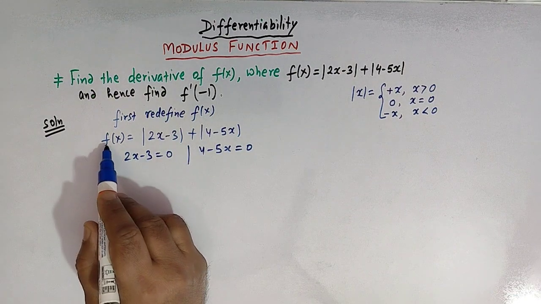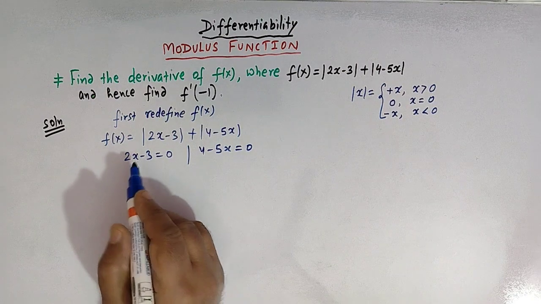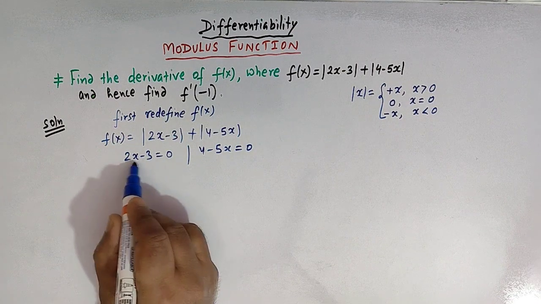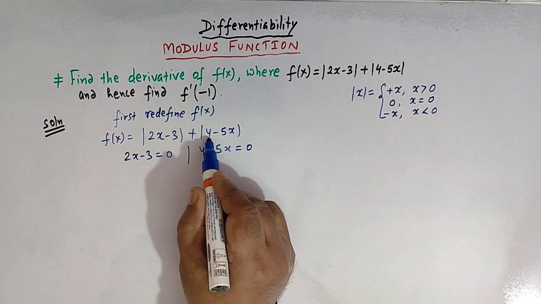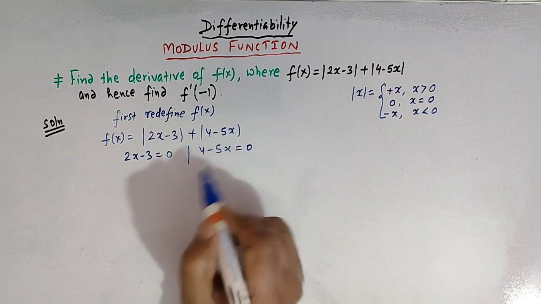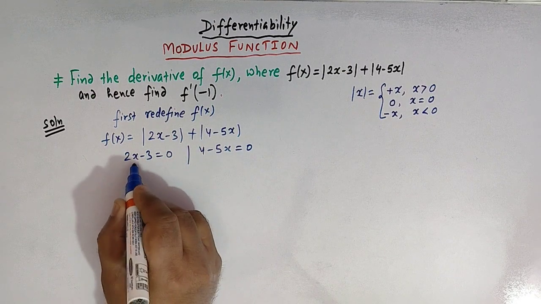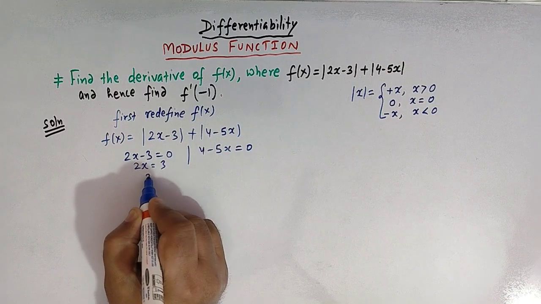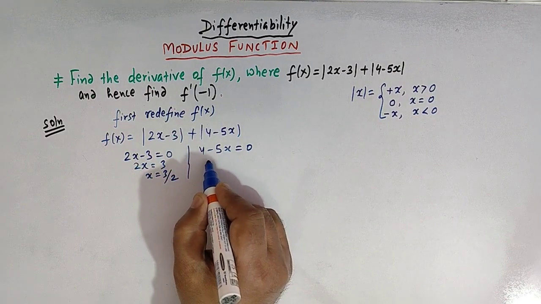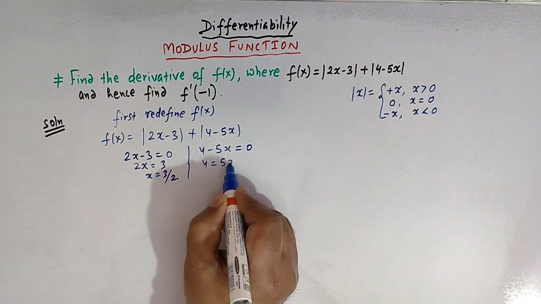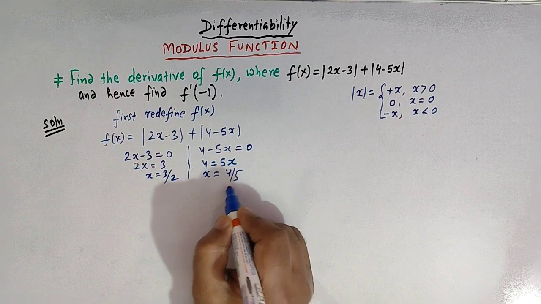When we solve these two equations, we get 2x is equal to 3, so x is equal to 3 by 2, and 4 is equal to 5x, so x is 4 over 5.